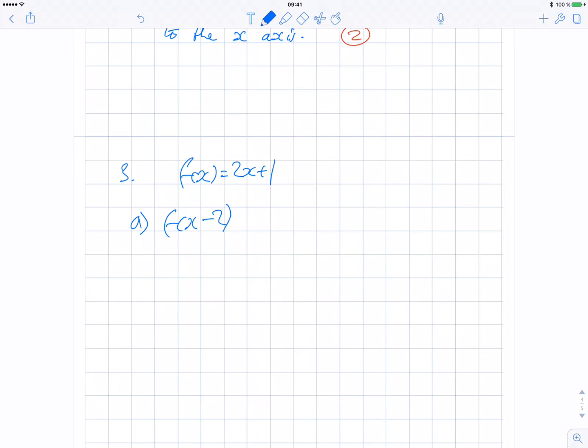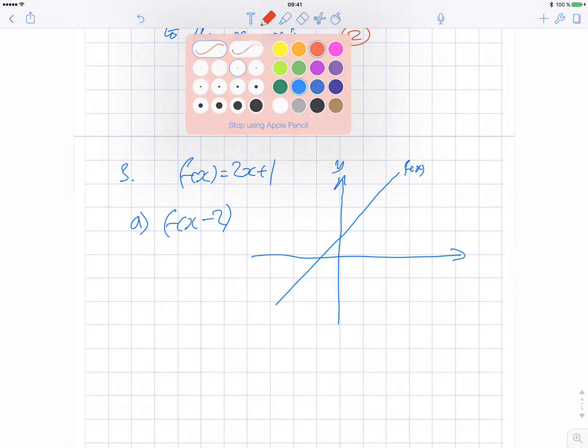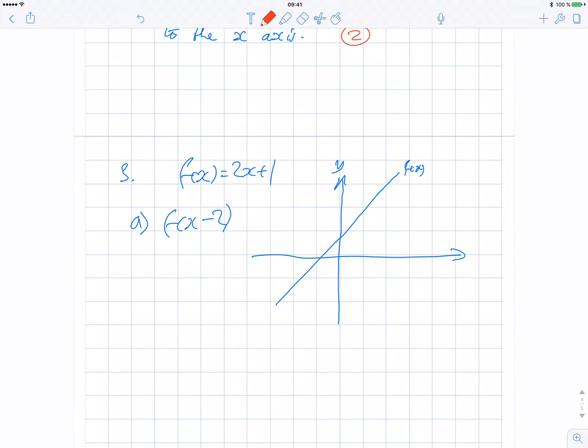Well, if I know that there is f of x, I'm going to move it 2 to the right, so that's going to be f of x minus 2. You knew that this coordinate point here was when we let y equals 0, so that's going to be minus a half. So this will be at 2 across here, so add 1 is a half, add 2, so that's 1 1/2, or 3 over 2.